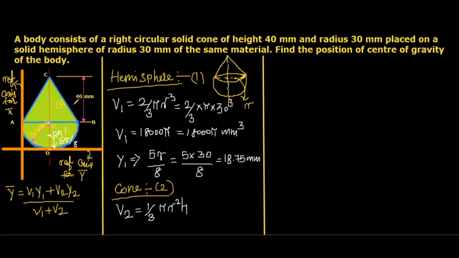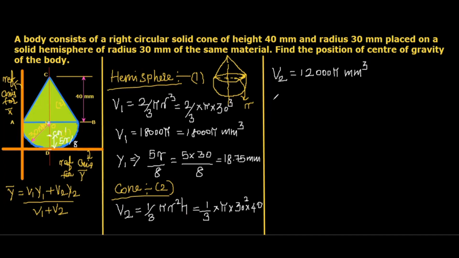Radius is 30 mm, height h is 40 mm. Substitute the values. 1 by 3 multiplied with pi, radius 30, so 30 square multiplied with the height 40 mm. Then by simplifying, here also you can take it in terms of pi. So V2, we will get 12,000 pi in terms of mm cube.